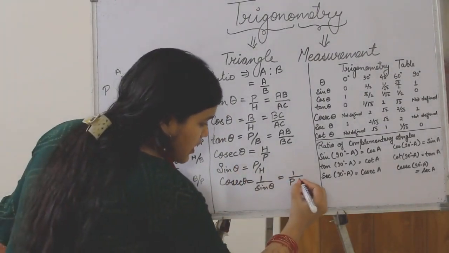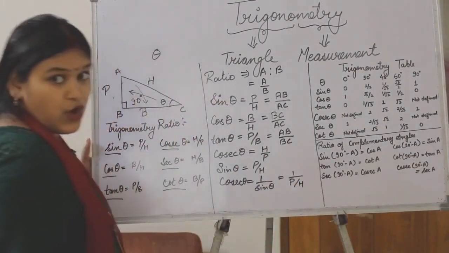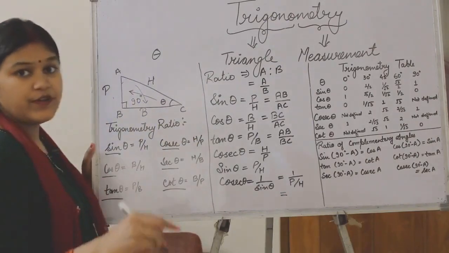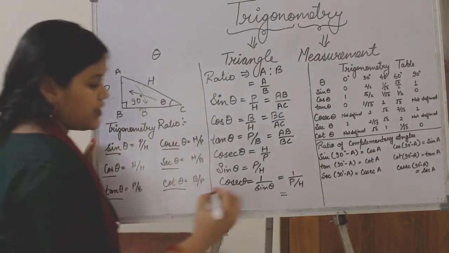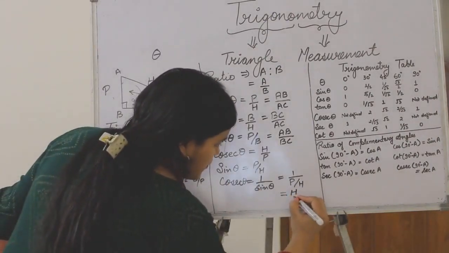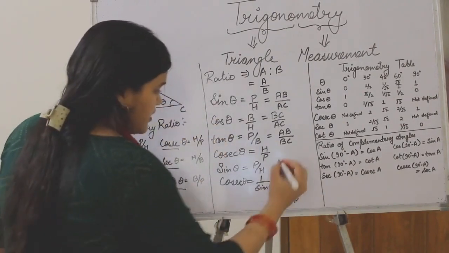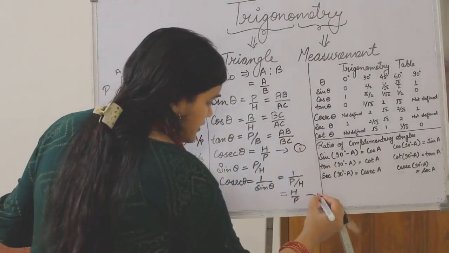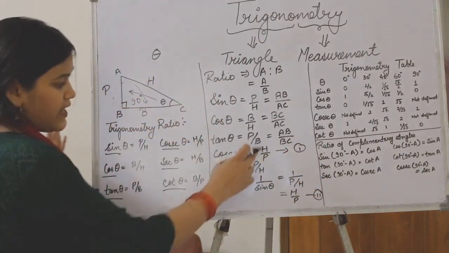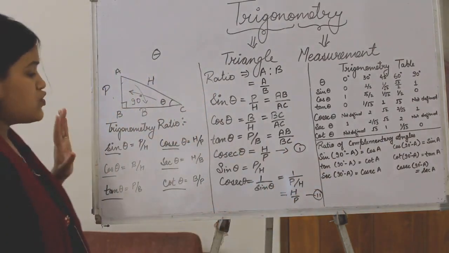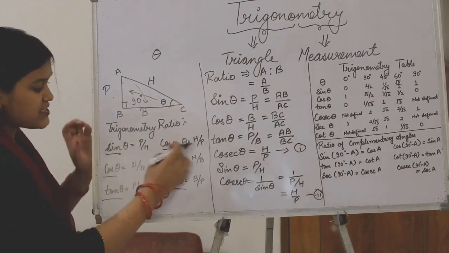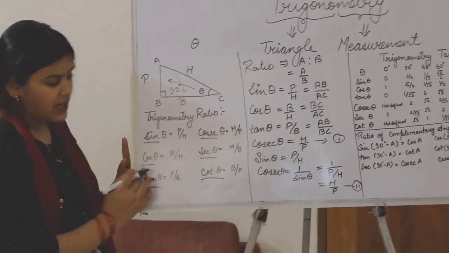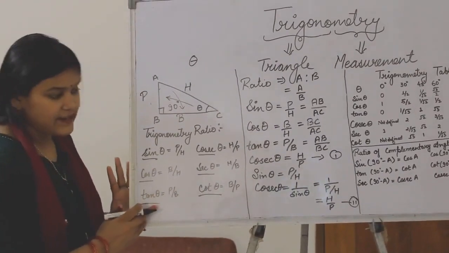As you all know, when a fraction is reciprocated, the denominator becomes numerator and the numerator becomes denominator. So the formula is H upon P. Here you can see this, equation 1 and equation 2, H upon P and H upon P. So these ratios: cosec is reciprocal of sin theta, sec theta is reciprocal of cos theta, cot theta is reciprocal of tan theta.